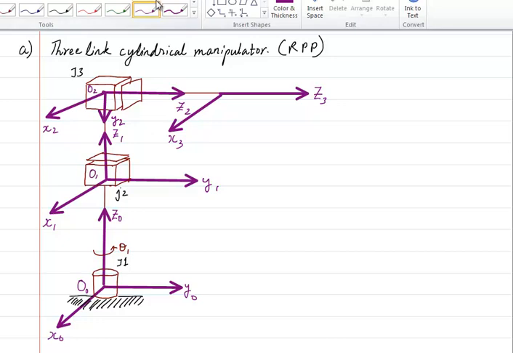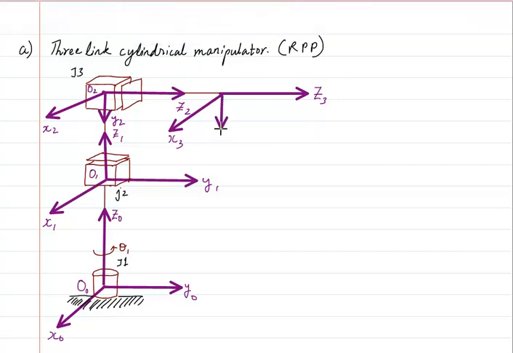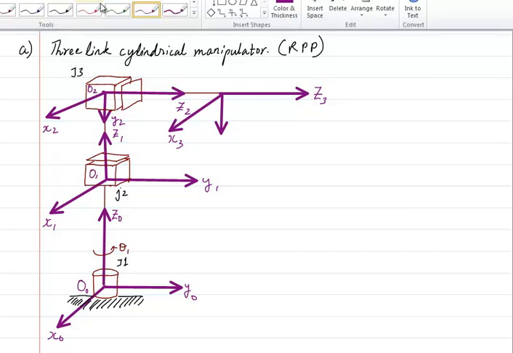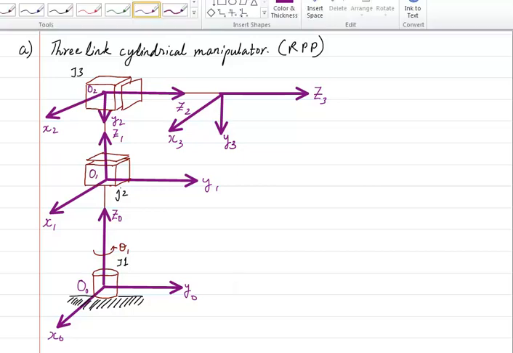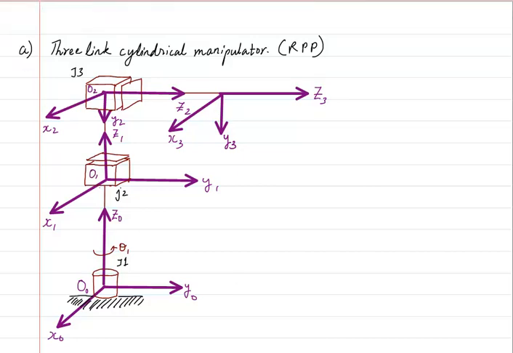The last is of the tool tip, or the tip of this Z3 frame. So X, Y will obviously come down. So I have drawn the Y3 axis. So these are the axes that are already drawn, and let me just mark for convenience.